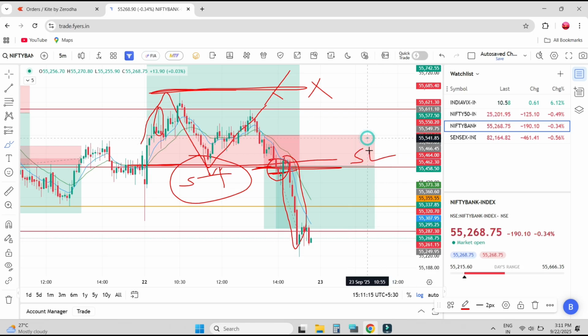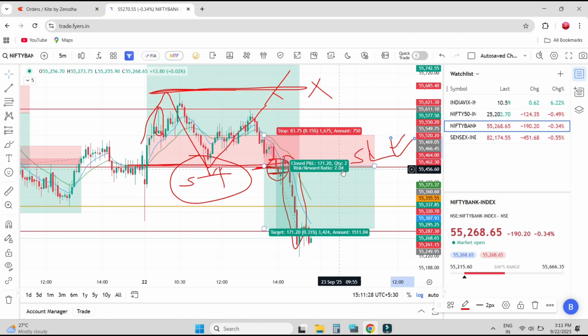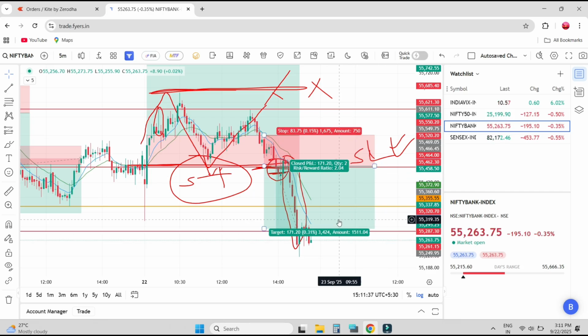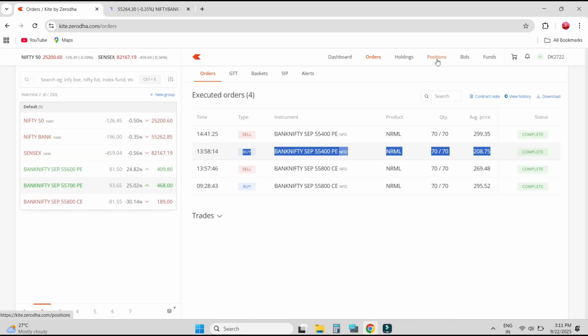Once all the SLs started triggering, there is panic selling, or the system automatically squares off all the positions, and it leads to this big move. You may wonder how I marked this level as a stop loss level. This is based on my previous observation and experience.